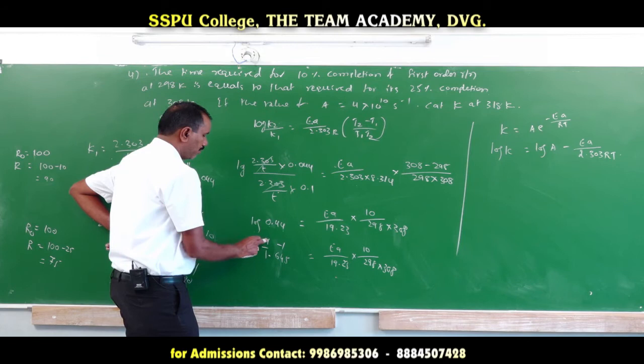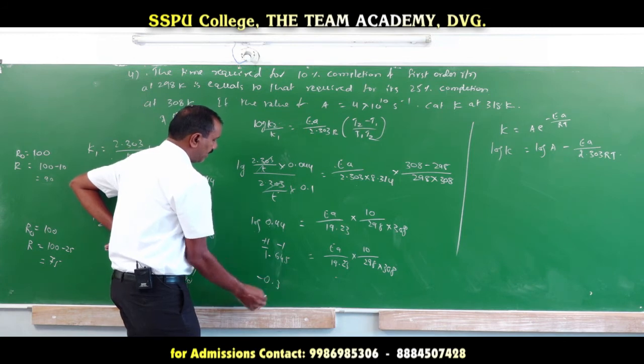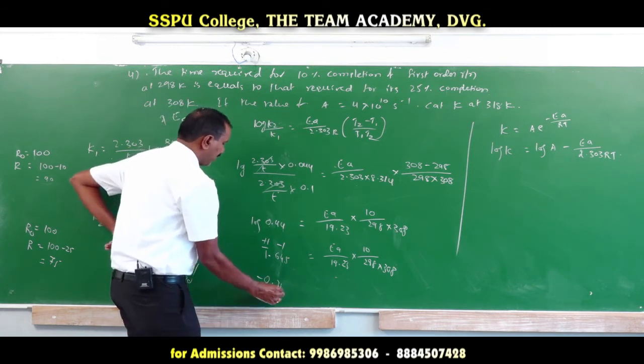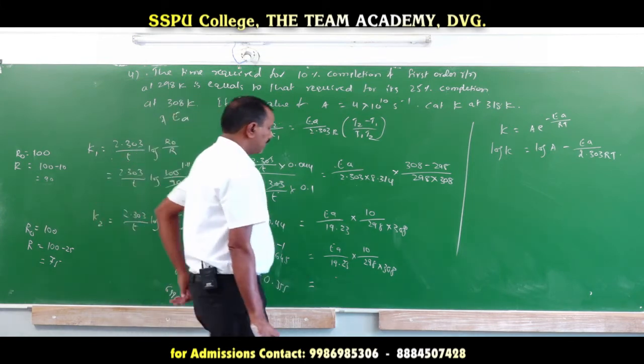Plus 1 minus 1, that is 0, minus 1. So nearly 0.355.